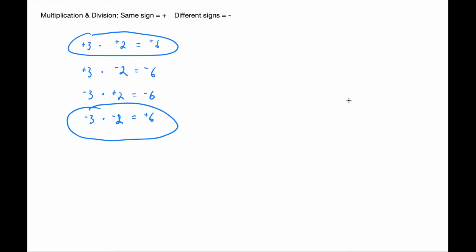So if you had negative 3 times negative 2 times negative 1, you have a pair of negatives here. Negative 3 times negative 2 is a positive 6. Times negative 1, now the signs are different, so it's a negative 6.